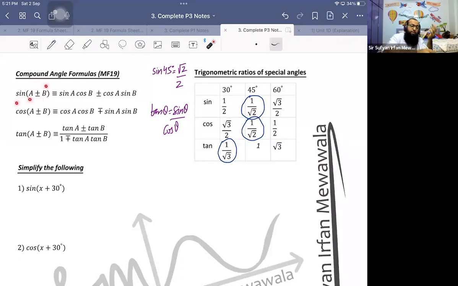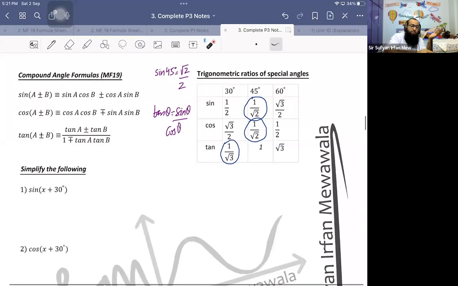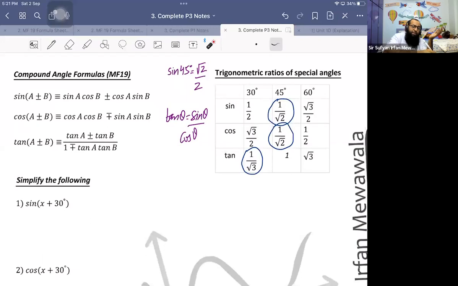So sine A plus minus B, cos A plus minus B, or tan A plus minus B. At times it's sine A plus B, at times it's sine A minus B. So over here, both signs are written just to tell that when we are expanding sine, then positive will give us positive, negative will give us negative. But in cosine, when we expand cosine using the compound angle formula, the plus minus gets converted to minus plus. This means if there's an addition over here, it will get converted to negative. And if it's a negative sign over here, it will get converted to positive.